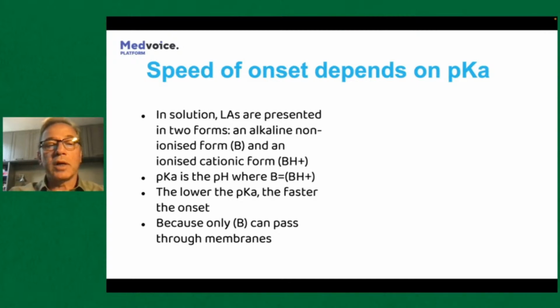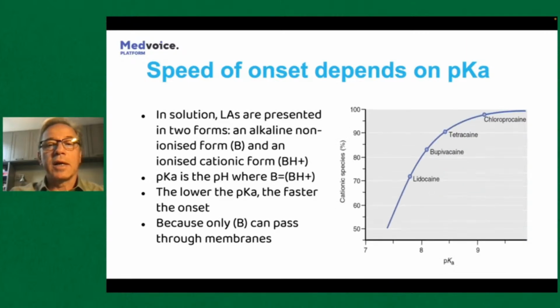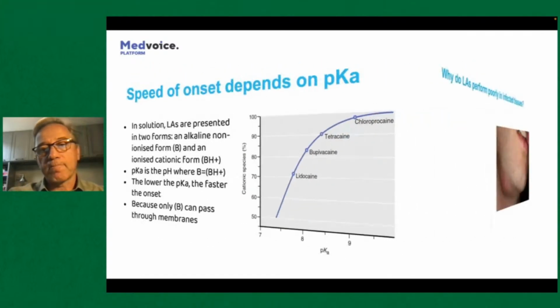The more of the non-ionized form present, the quicker the onset of local anesthetic. And if you look at the graph here, which shows the relationship between the pKa and the speed of onset, you can notice that lidocaine has the lowest pKa, hence it works a lot faster than, for example, bupivacaine, tetracaine, and chloroprocaine.